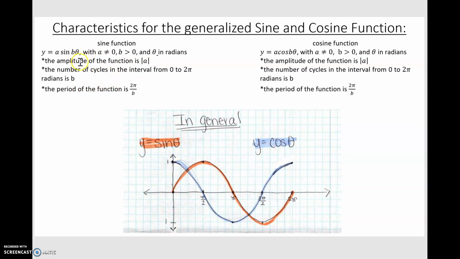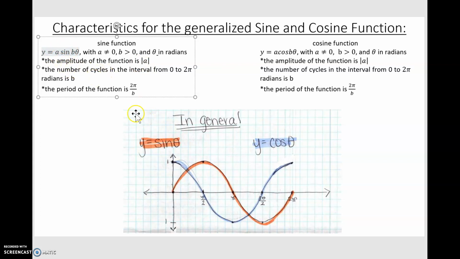To find the amplitude of a sine function, you're going to take the absolute value of whatever number is being multiplied in the front. So amplitude is the absolute value of the number being multiplied to sine.